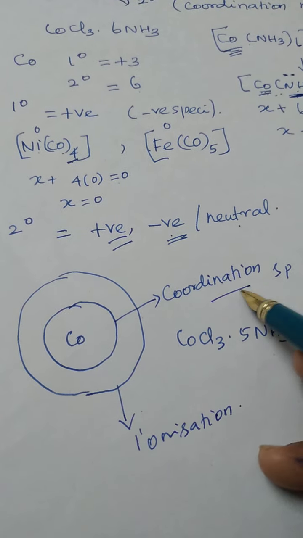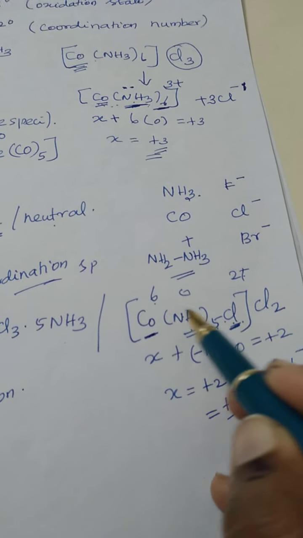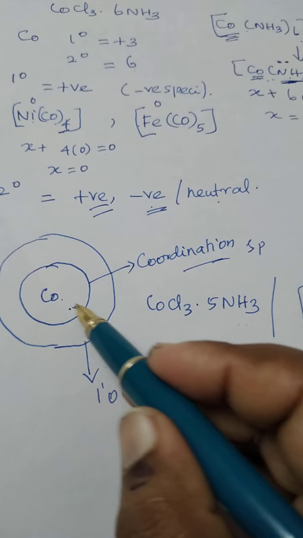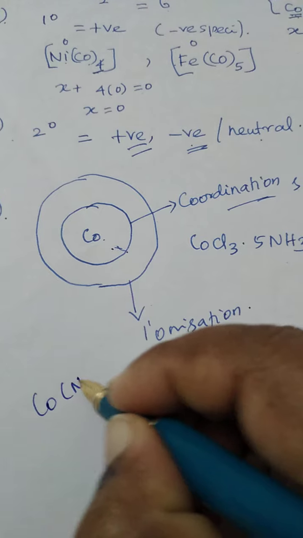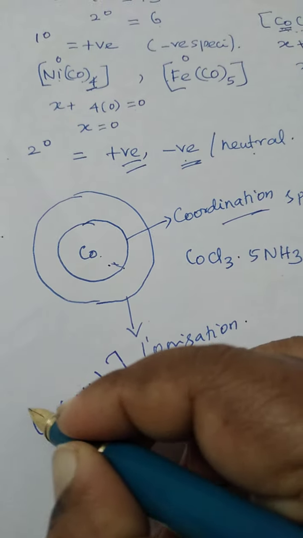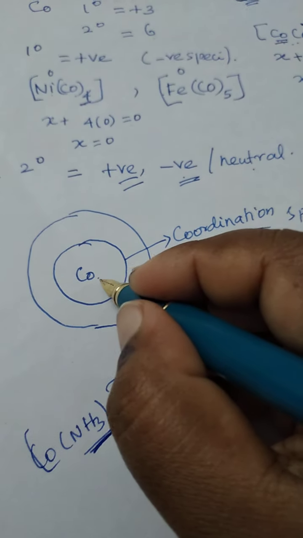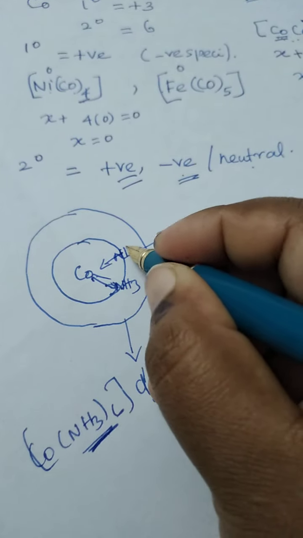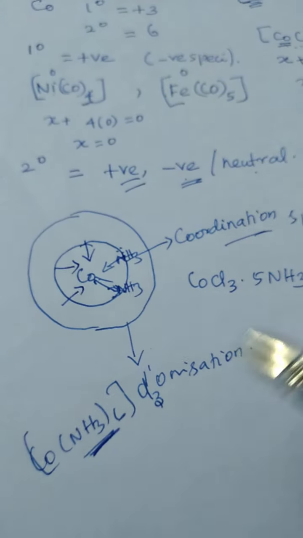The coordination sphere means the molecules which satisfy the secondary valency will be in close contact with the central metal atom. They will be making a tight coordination with the central metal atom. Taking an example of [Co(NH3)6]Cl3, with Cl3 outside the complex, this is the inner sphere. So here NH3 coordinating to cobalt, here NH3 coordinating to cobalt, and totally how many NH3?